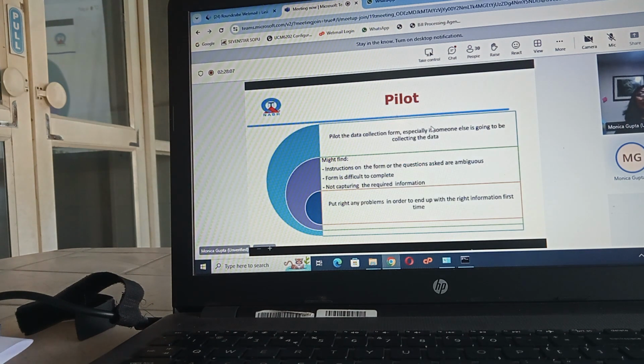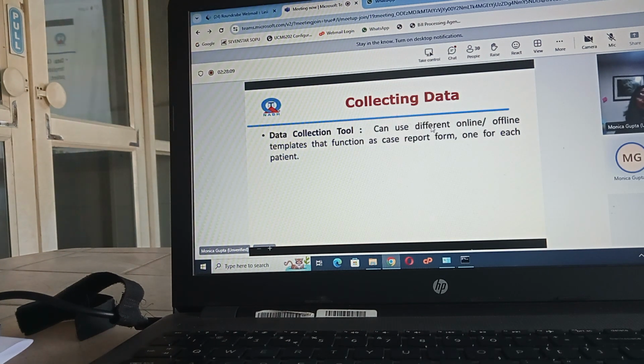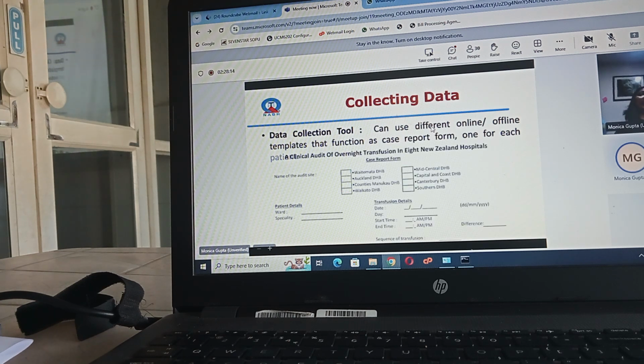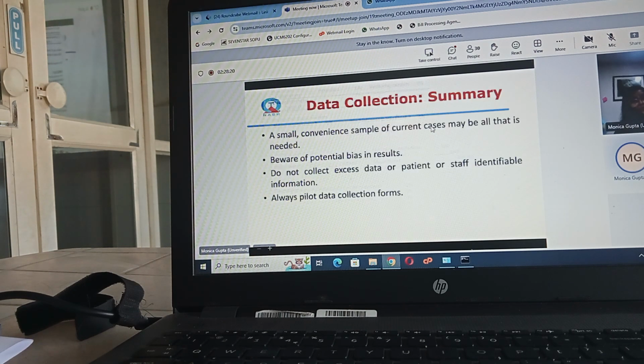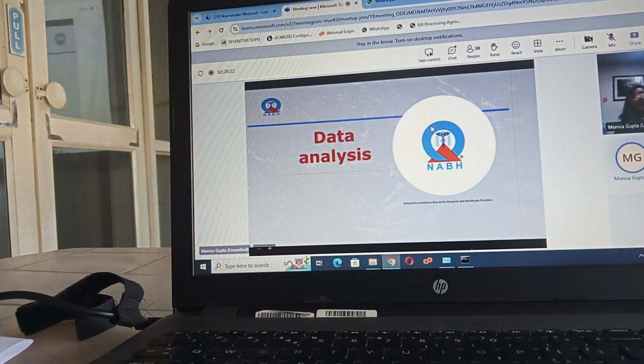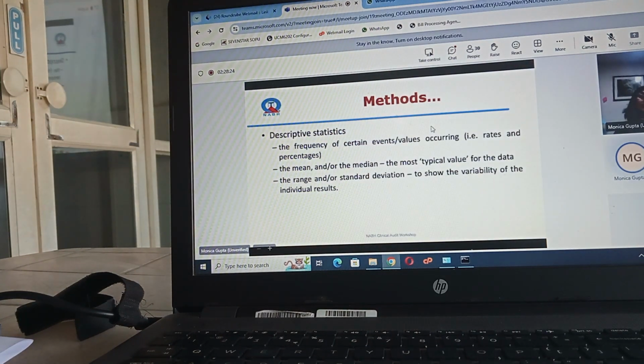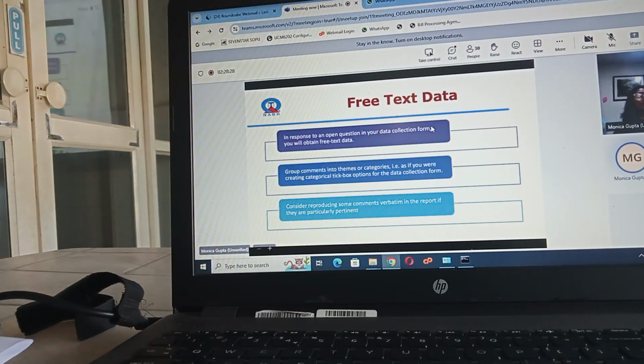The best thing is that they even provide audit templates, of course for their own use, on how to submit an audit proposal, how to go about a data collection sheet, how to submit a re-audit proposal, and finally how to go about presenting your audit and submitting your report.